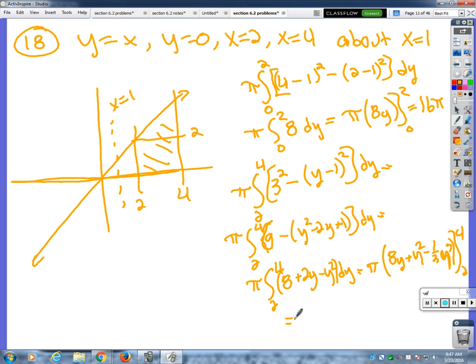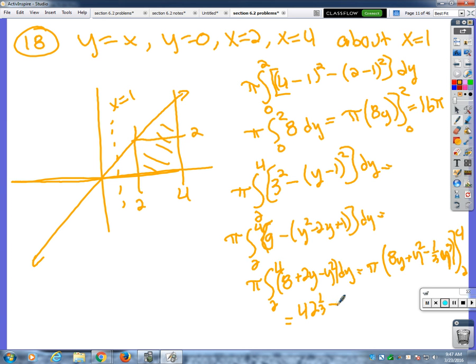If you plug 4 into there, that's 32 plus 16 is 48, minus 1/3 of 16, which is 5 1/3. So 48 minus 5 is 43, minus another third is 42 1/3.